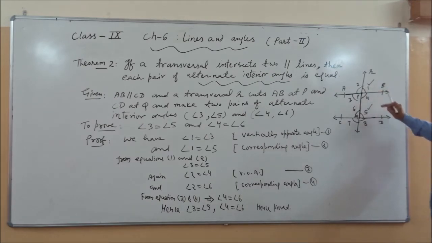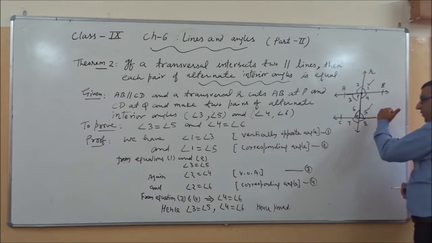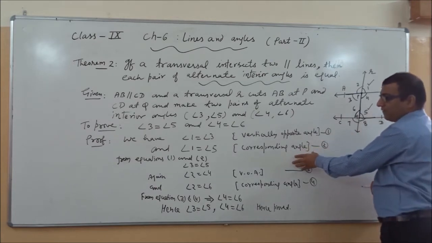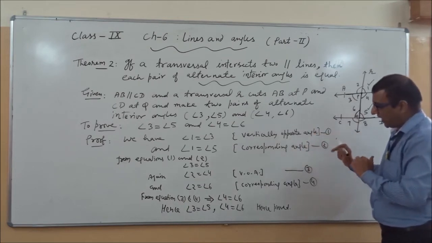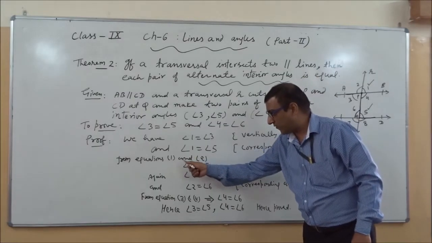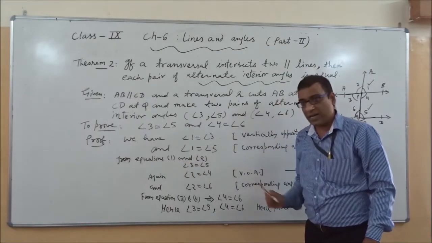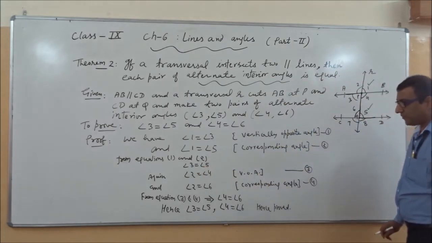Angle 1 lies above the line AB and angle 5 lies above the line CD, so this is the concept of corresponding angles. From equations first and second, both the LHS sides are equal, so we can say their RHS parts are also equal. That's why angle 3 is equal to angle 5.